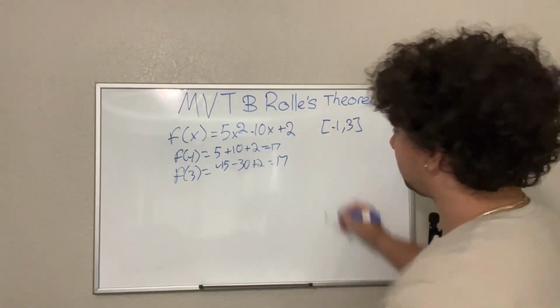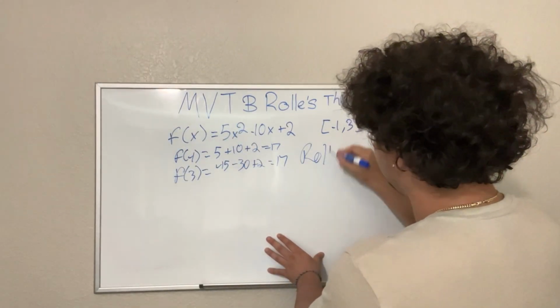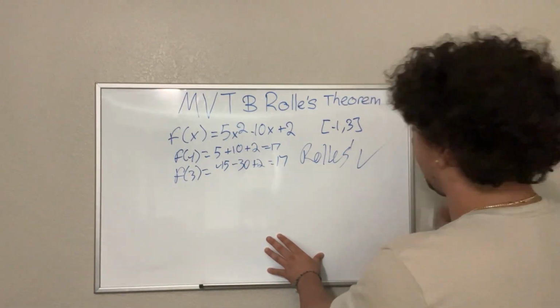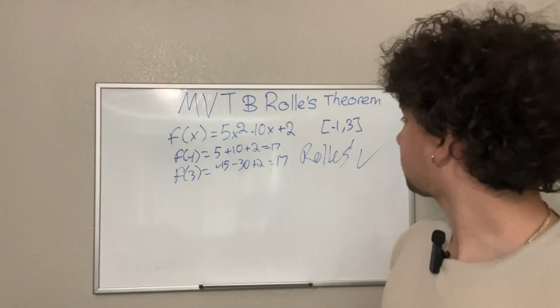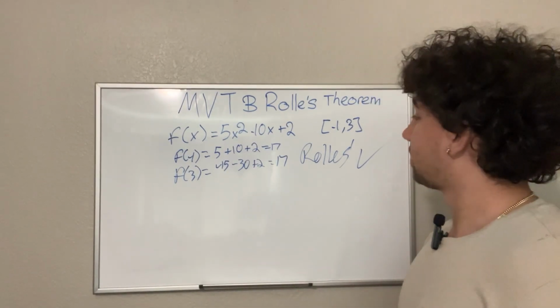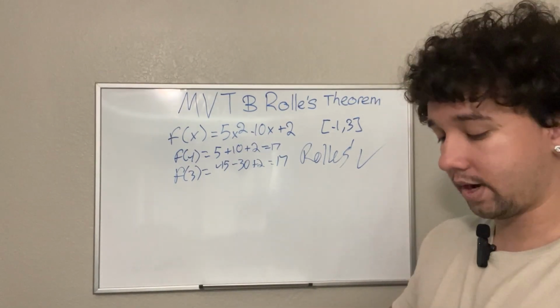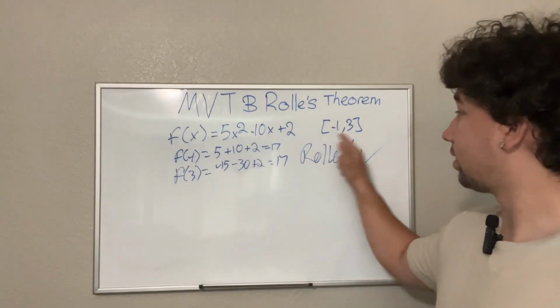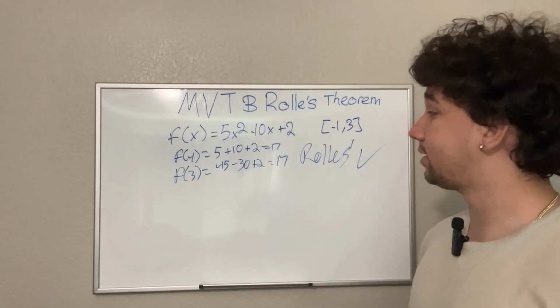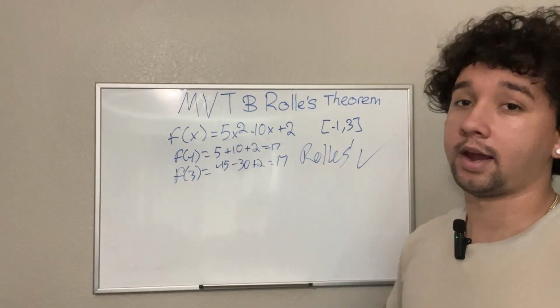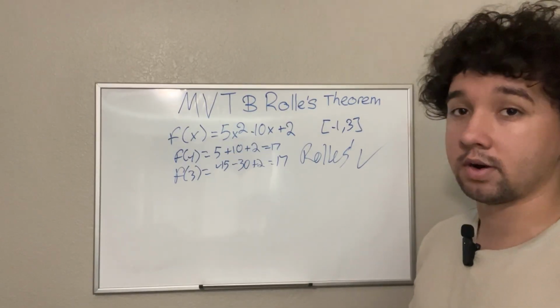Look, they're exact same, so that means Rolle's is in play. We're good now. All right, so what's the next step here? Well, now we got to figure out at what point within this interval right here does this thing have a slope of 0?